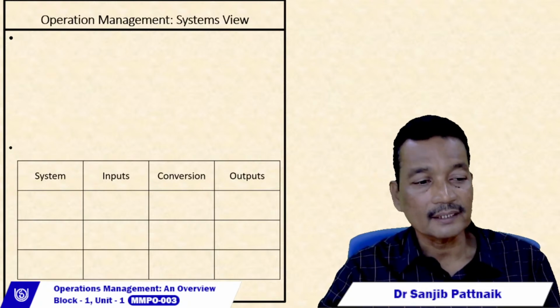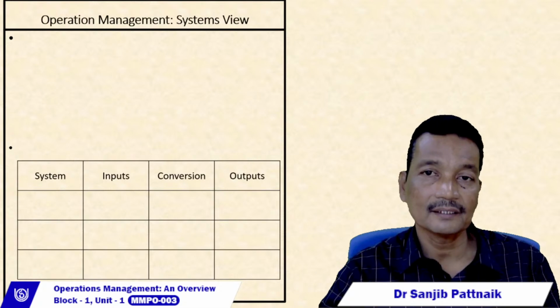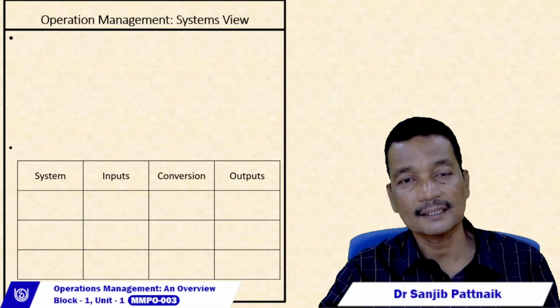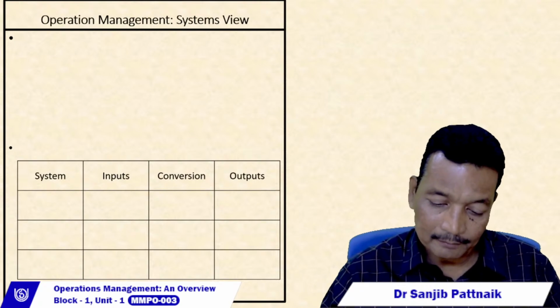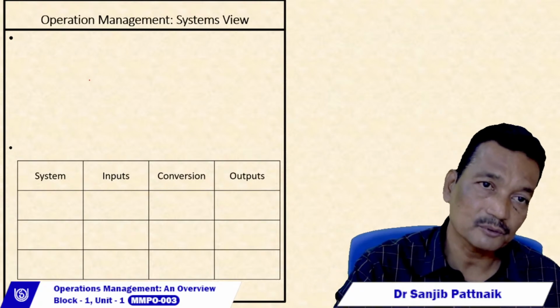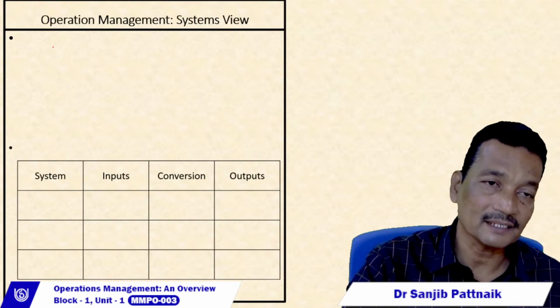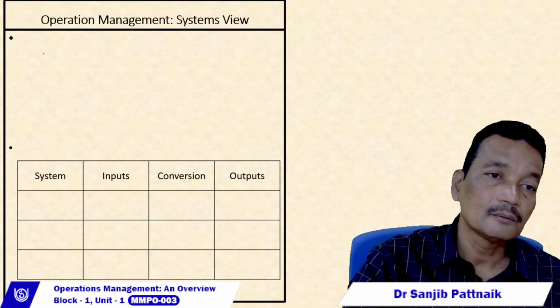Now, let us look at how we can view operation management as a system. I'll try to draw a diagram of the general systems view of operation management.